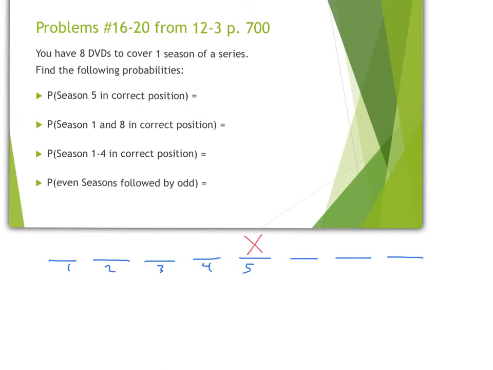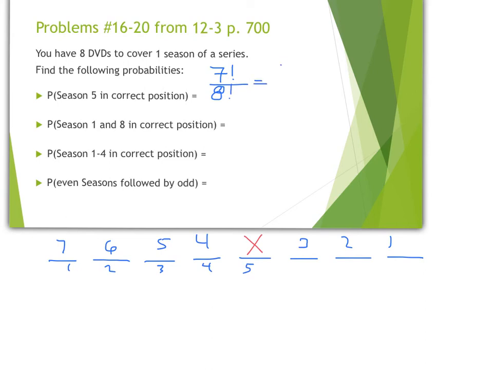That's a done deal. So the probability of success in this case is, well, I have 7 possibilities here, then 6, then 5, then 4, 3, 2, 1. So success would mean 7 factorial for the others, because I've already taken up that 5th position, over the total possible permutations, that would be 8 factorial.